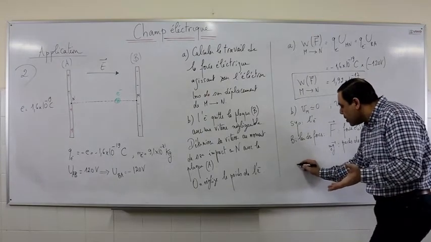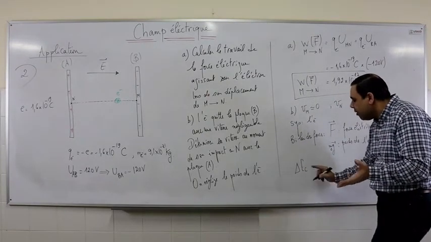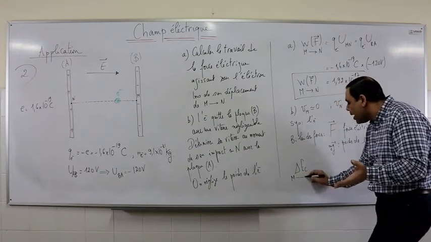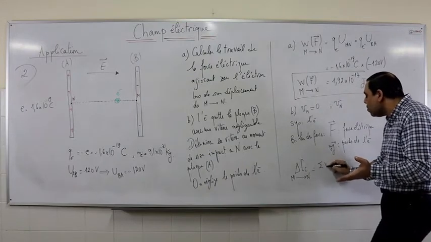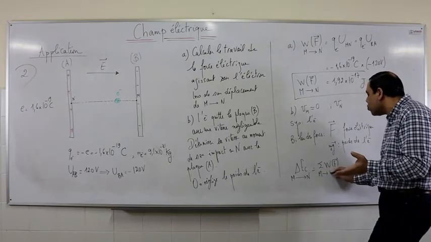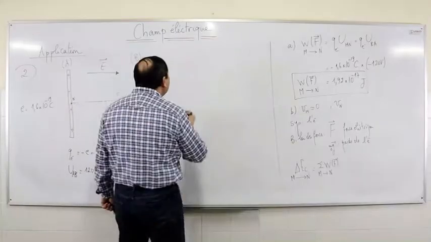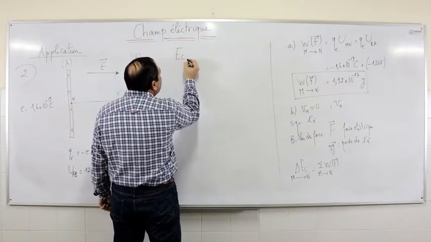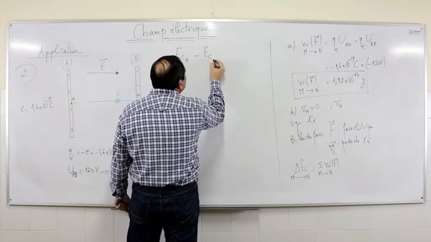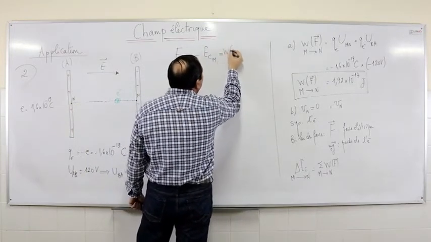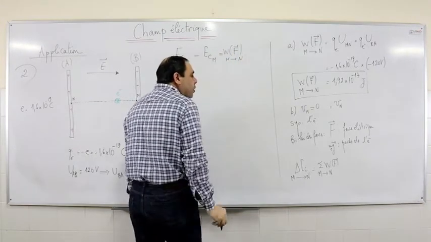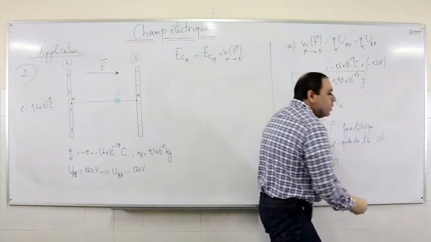The kinetic energy theorem says that the variation in the electron's kinetic energy when it moves from point M to point N is equal to the sum of the work of the forces acting on the electron when it moves from M to N. Then delta KE is the final kinetic energy, or the electron's kinetic energy at N, minus the electron's kinetic energy at M. This is equal to the work of F between M and N. The weight is negligible.